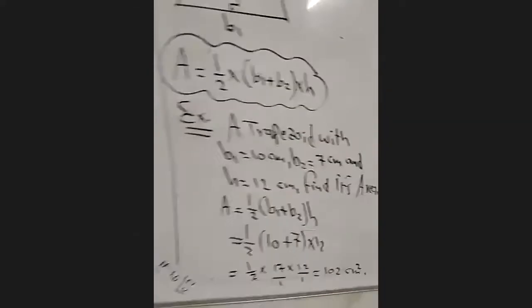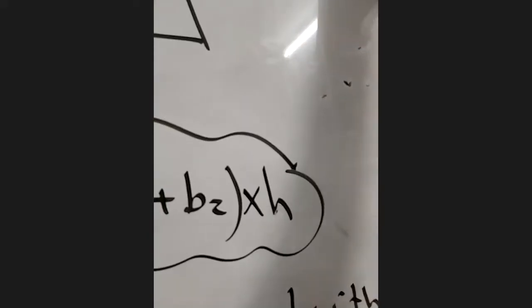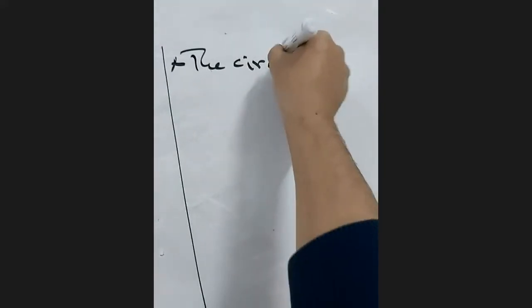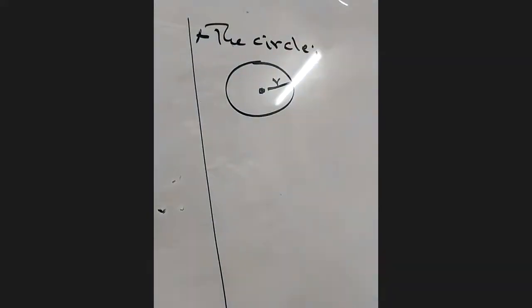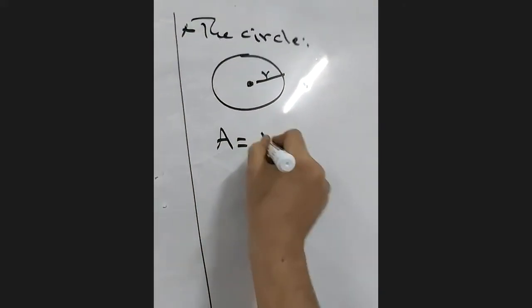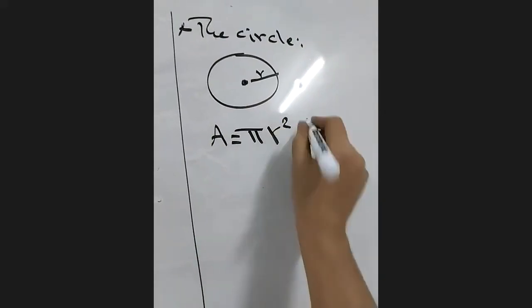We know the area of the circle. We took it before, a few days ago, right? Yes. Now we know that the circle has radius or diameter. The area of the circle, we said, I think on Wednesday or Tuesday, is pi r power 2.